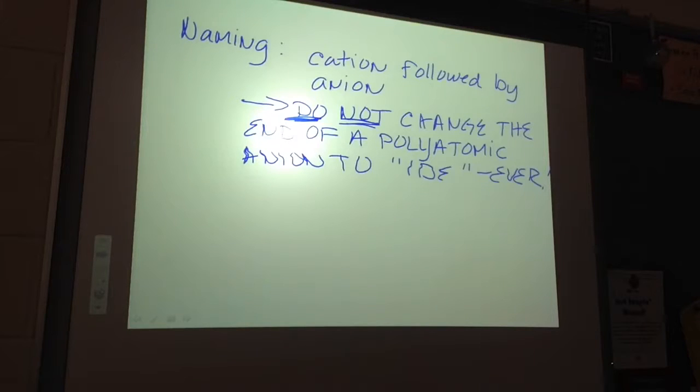We now have a polyatomic ion called nitrate, which is NO3, not N. If we're doing chemistry with nitrate and we call it nitride, we've eliminated the O3 and made it just nitrogen. Do you follow? So you can't change the ending of these. If it's an ate, you leave it alone. If it's hydroxide, which is the only polyatomic ion that ends in ide, you leave it alone.